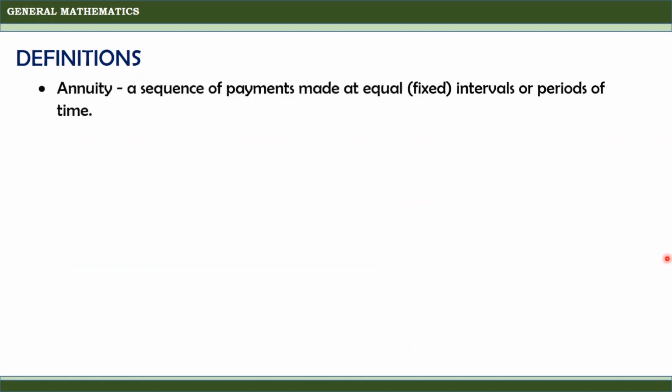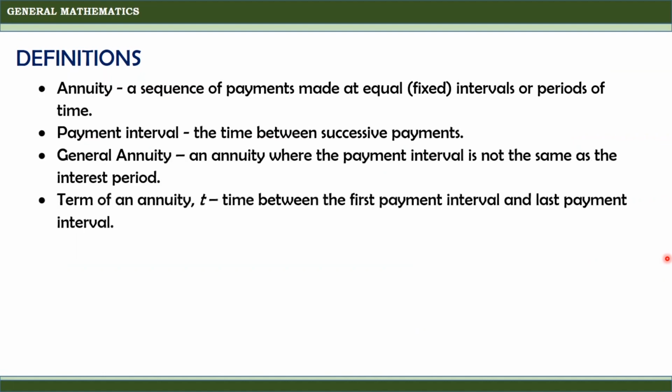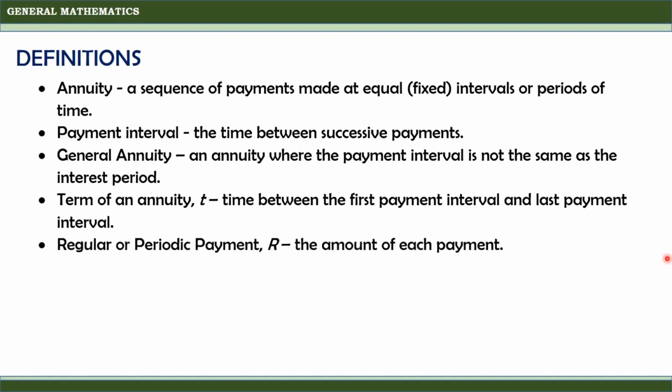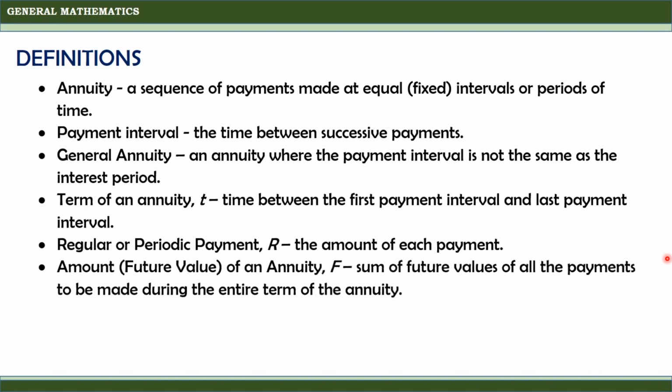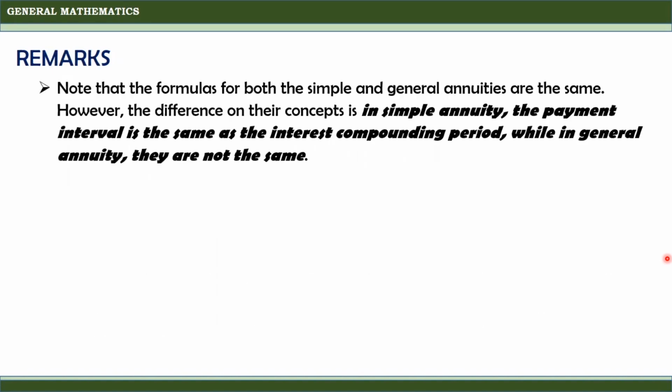We have defined the annuity, payment interval, general annuity, term of an annuity represented by T, regular or periodic payment represented by R, amount or future value of an annuity represented by F, and the present value of an annuity represented by P. Moreover, we have discussed that the formulas for both the simple and general annuities are the same.